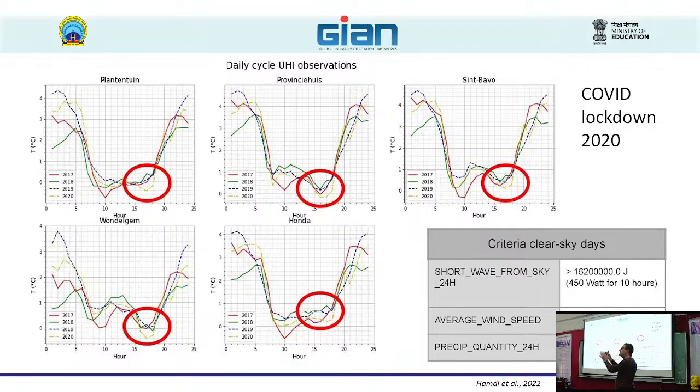It means all the heat which is stored during the day is now released, and it is released after 16. 16 is the time where it crosses zero, from positive to negative. This is why it's negative here, because it starts to release the heat. So then it's increasing again.